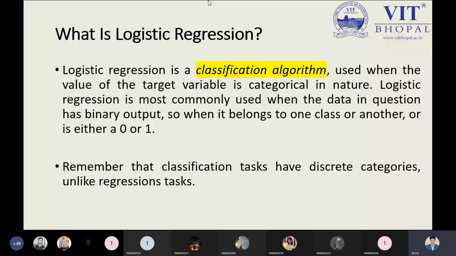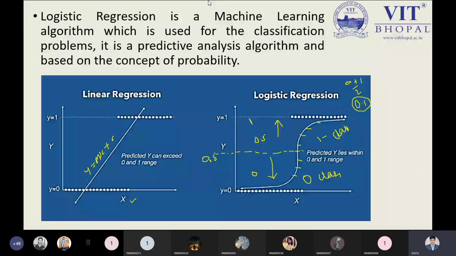So now I'm speaking about this image. As I told you, logistic regression is basically a machine learning model which is used to classify your data. We use the classified data in the logistic regression to predict something. I'm taking a simple example for the betterment, then you can understand.